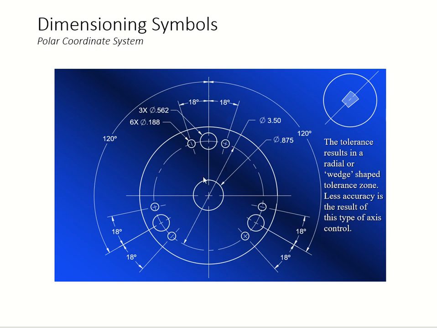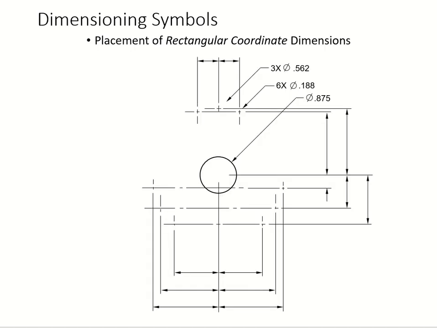That's all you have to understand. This symbol right here shows you the wedge. See the little wedge shape tolerance zone, and if you ever see this symbol, you take it: oh, it is less accurate because of that type of axis control. Alright, next one.